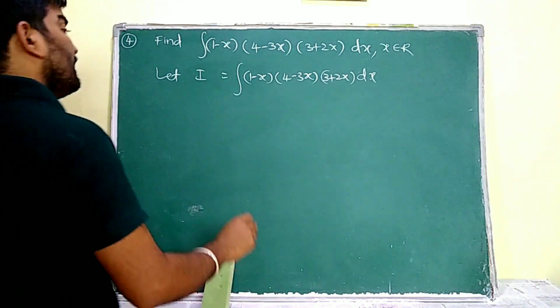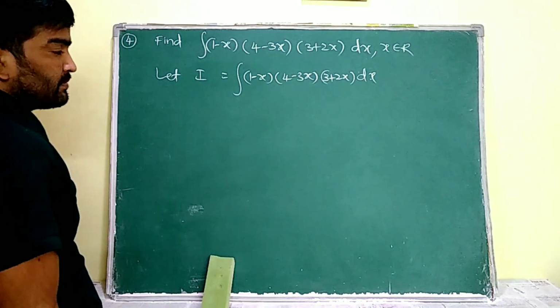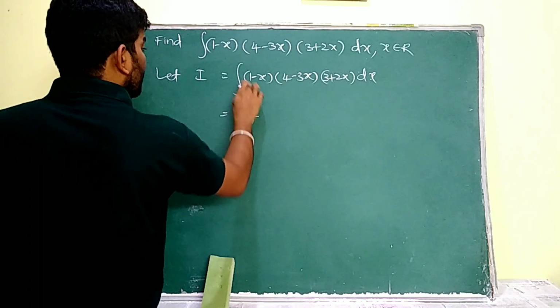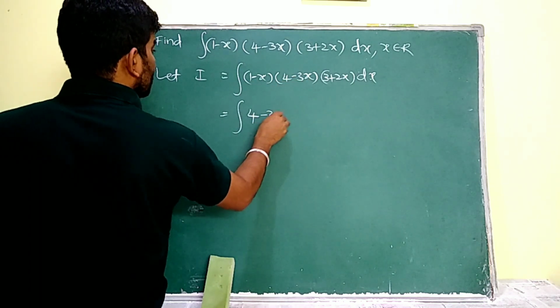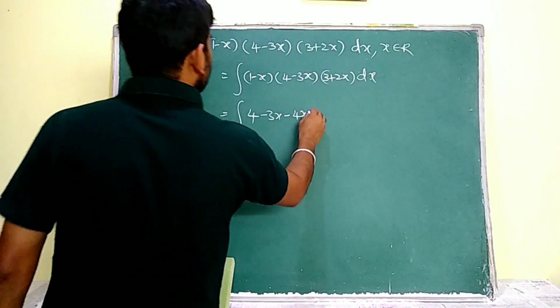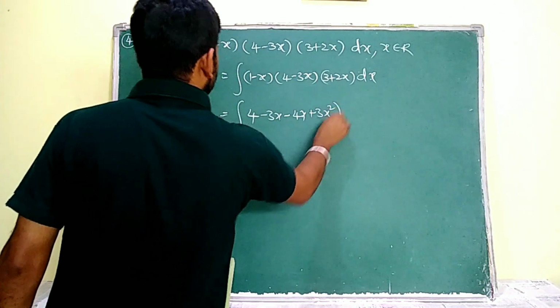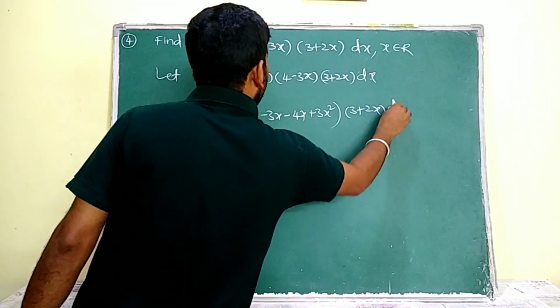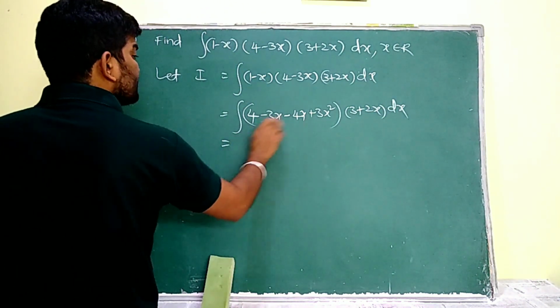Now multiply these three terms. 1 into 4 is 4, 1 into minus 3x is minus 3x, minus x into 4 is minus 4x, minus x into minus 3x is plus 3x square, into (3 plus 2x) we are having. Now again multiply these terms.